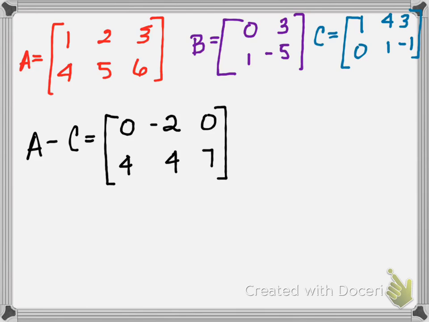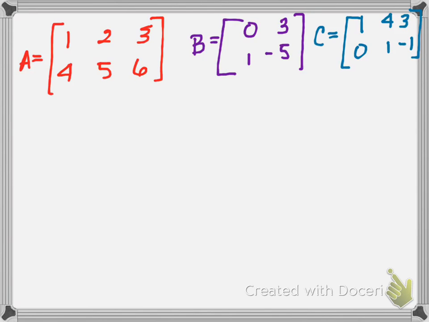All right, so next up is scalar multiplication. Scalar multiplication means that we're going to take some real number, let's just say the number 5, and we're going to multiply it times the matrix A. So this number 5 is called the scalar. We're multiplying a scalar, or a real number in our case, because we're talking about real matrices, times the matrix A. And this means that I'm just going to take every entry in A and multiply it by 5.